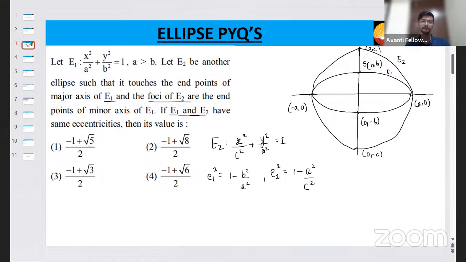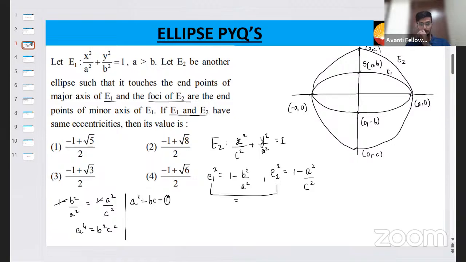Correct, guys? Now it is said that both eccentricities are equal, so we can equate both. I'll get 1 minus b square upon a square equals 1 minus a square upon c square. So 1 and 1 get cancelled. I think we'll get a raised to 4 equals b square c square. That means a square equals b into c. This is equation 1.